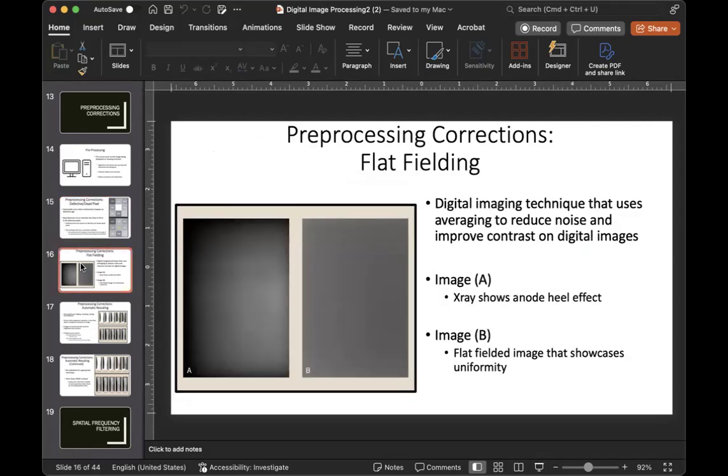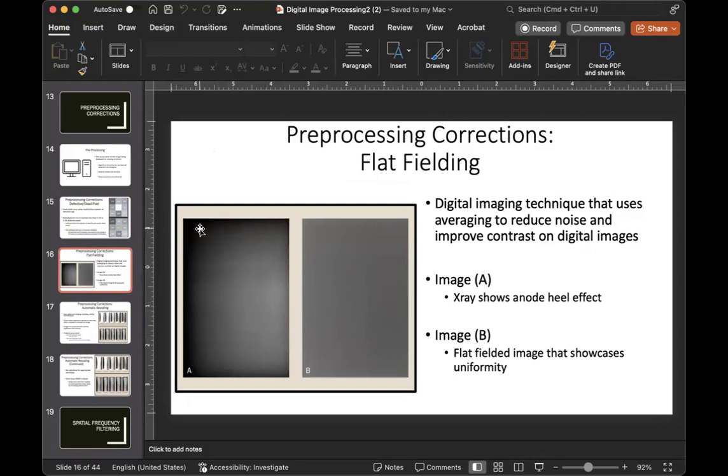Flat fielding is another processing correction that occurs. Essentially, with flat fielding, we're imaging the anode heel effect here, right, in image A. With image B, it's flat fielded and it showcases uniformity. Okay, that's what you're seeing here.